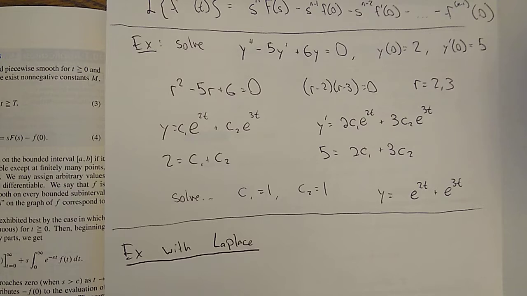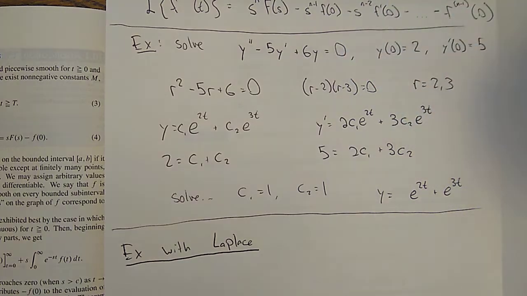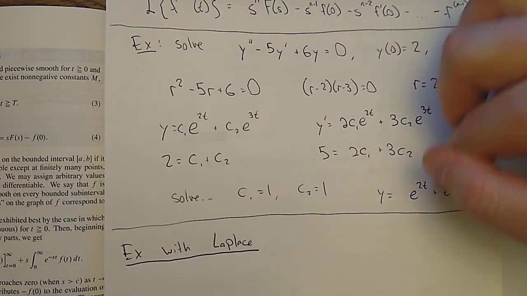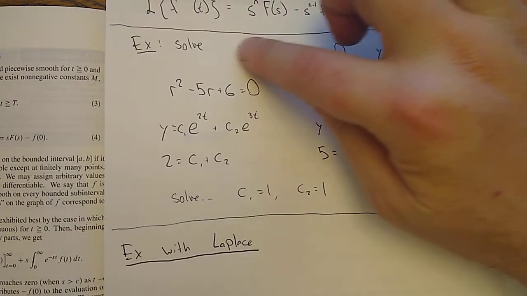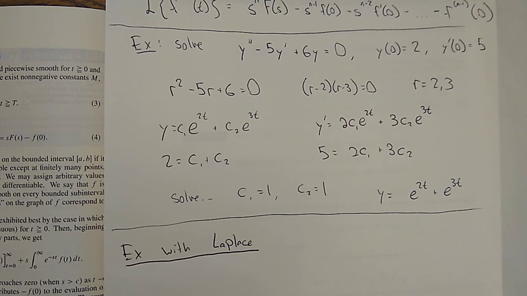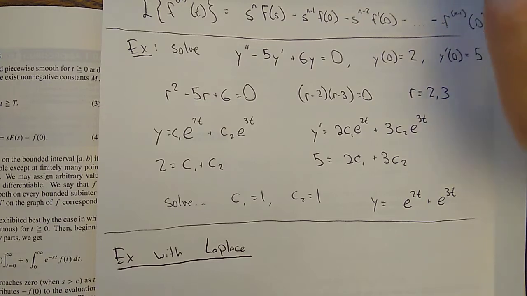So I would like to solve a higher order differential equation now. I chose one that we already knew how to do, and I worked it out the way we know how to work it out. This is a second order linear homogeneous differential equation with constant coefficients.